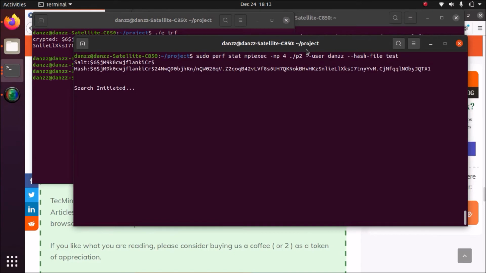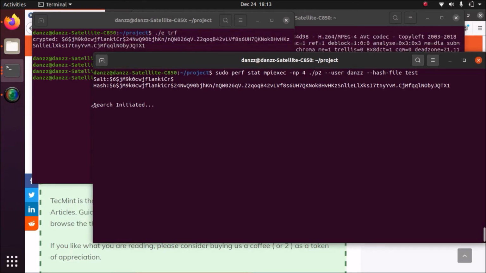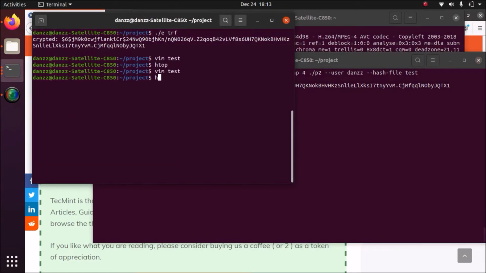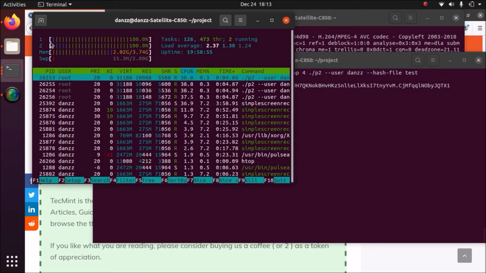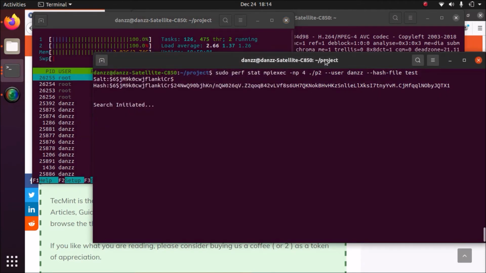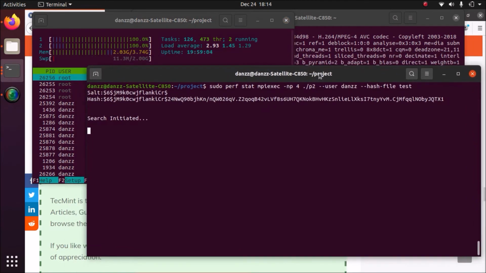Now it has properly detected salt and hash. Now it's attempting to break it, and let's look up the resource utilization. You can see both of the processors are now at 100%. So it means that this application is running and attempting to break that password. I will just let it run.